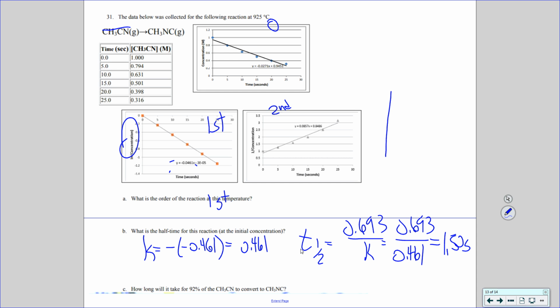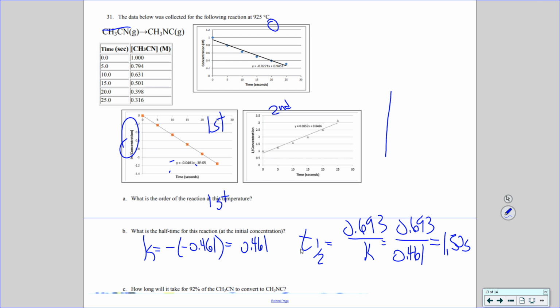Another portion of that would be on part C. It says how long would it take for 92% of the compound to convert. So if it went forwards at 92%, at that point it's the integrated rate law. We've already done one like that.